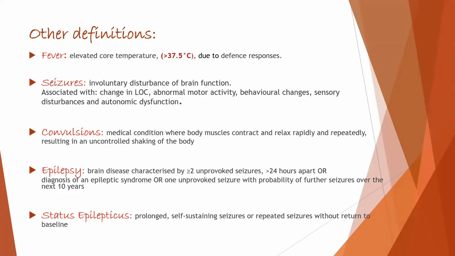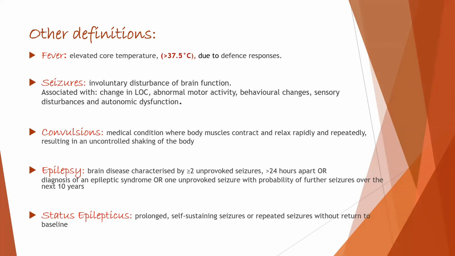Before I can continue, we must just go through a few more definitions to make everything more clear. A fever is defined as an elevated core temperature above 37.5 degrees Celsius, which can be part of a defense response to the invasion of live or inanimate matter recognized as pathogenic by the host.